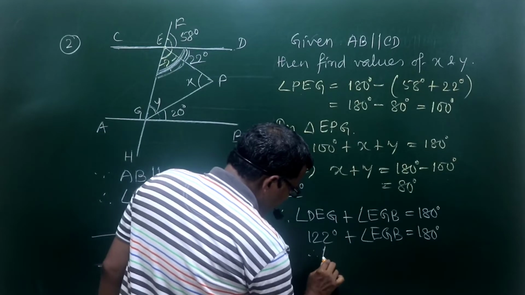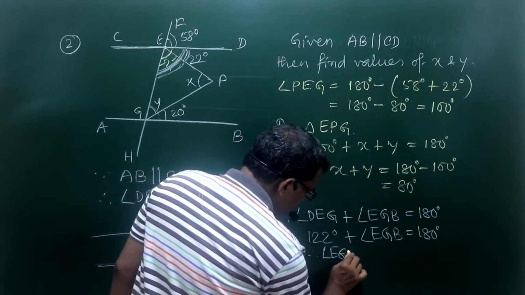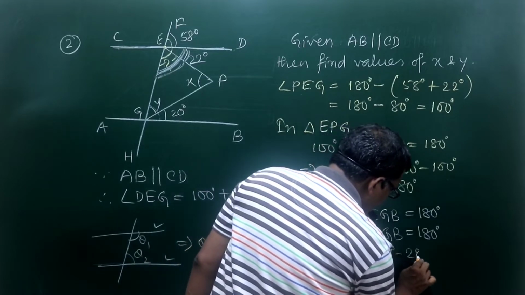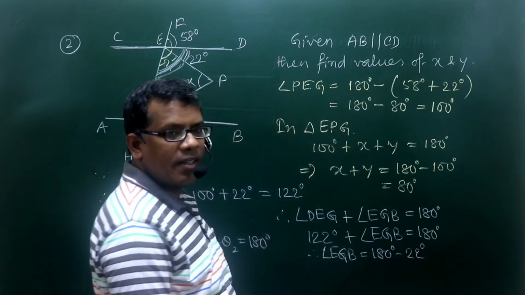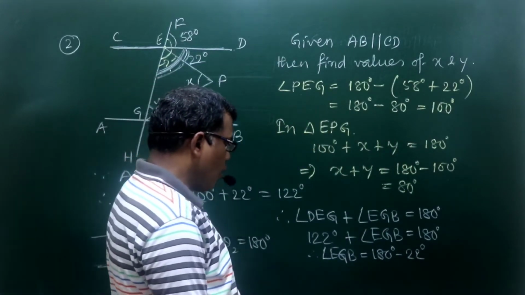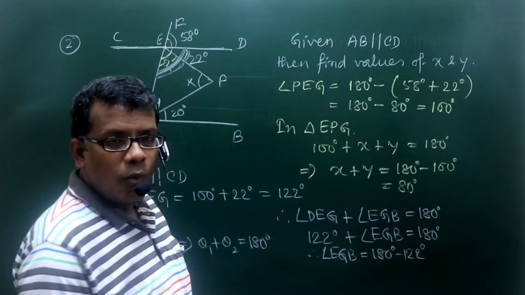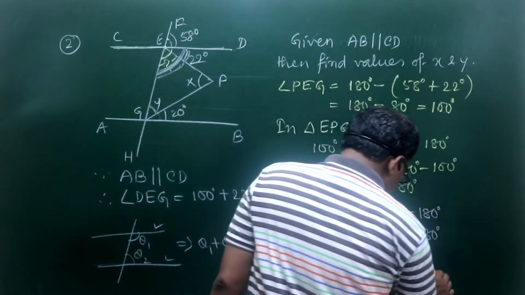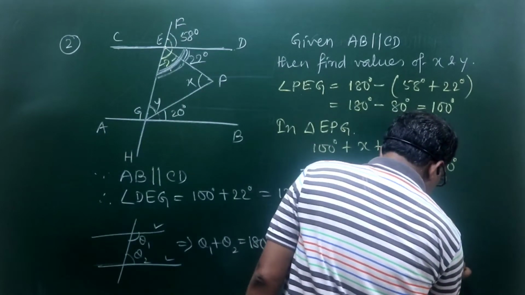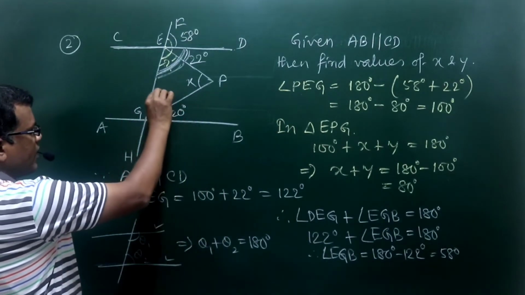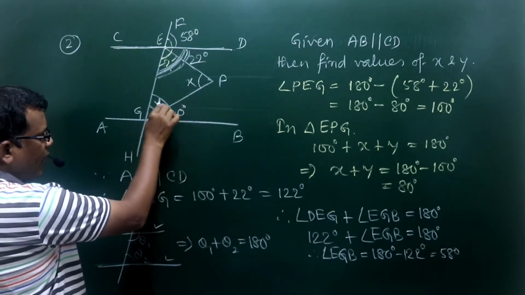So therefore angle EGB will be 180 degrees minus 122 degrees. So it will be 58 degrees. So 58 degrees will be this whole angle, which is y plus 20.